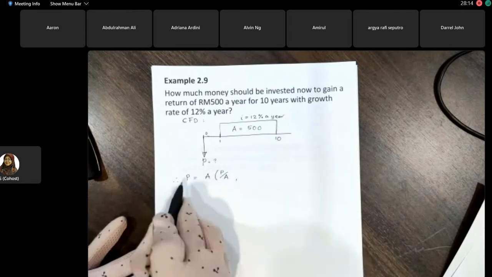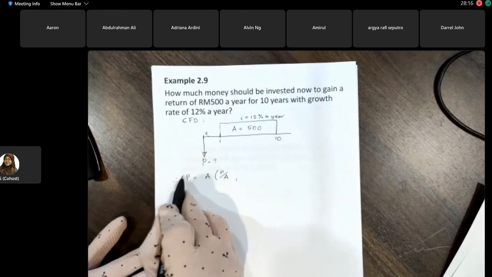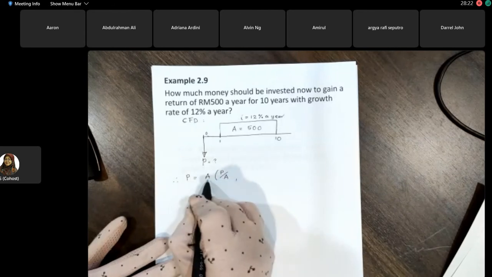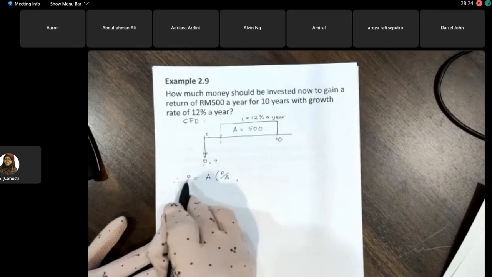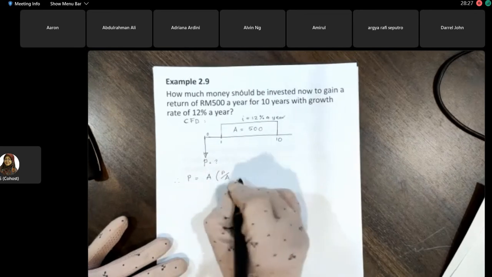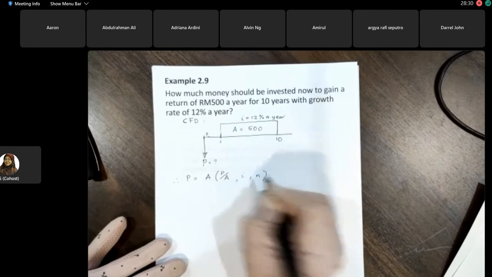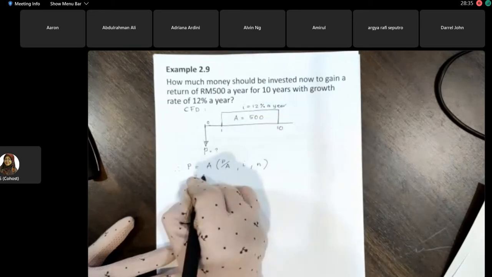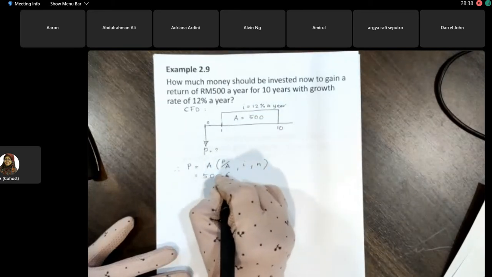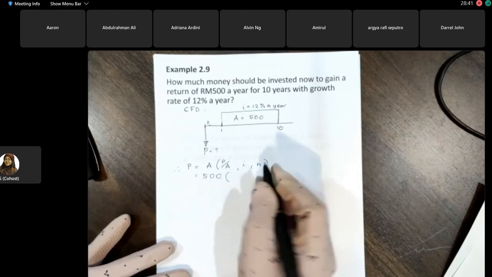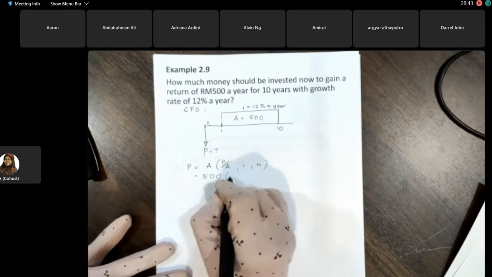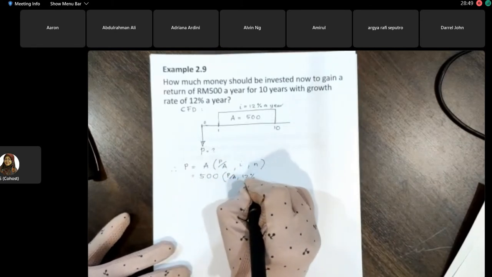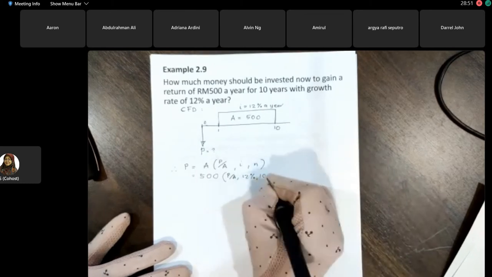P over A. P is what you need to find out. A is the value given. So A, and then bracket P over A. I put the formula first. And then A is 500. i is 12% and n is 10.